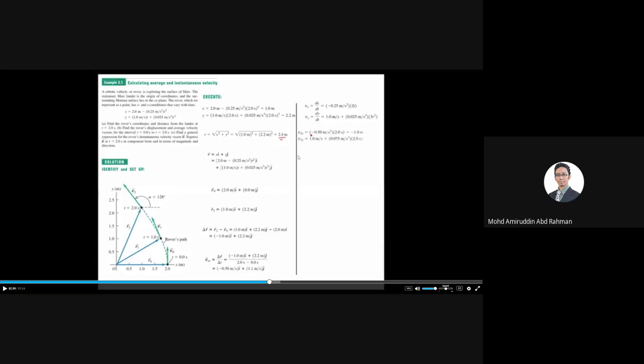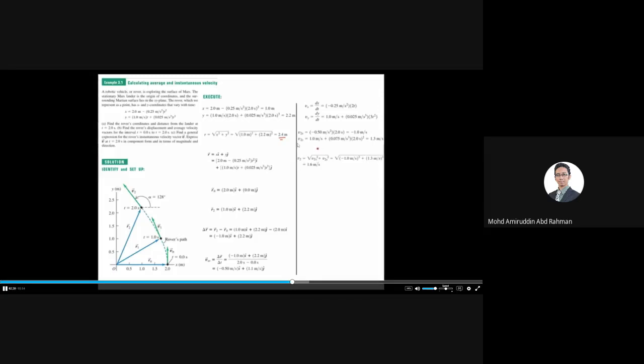And then at 2 seconds, okay, V at 2 seconds, you replace that value. So you obtain that Vx at 2 seconds is minus 1. I get these two components.